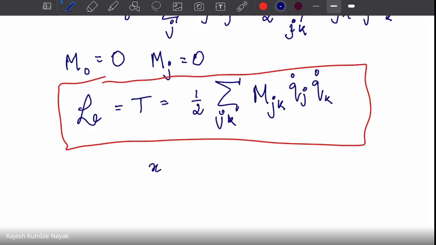So our qj's are simply xi, the spatial coordinates. I've just raised and lowered the index. Don't worry about that. If you feel like writing it this way, qi, you can simply write it like this. At this stage, it doesn't matter.